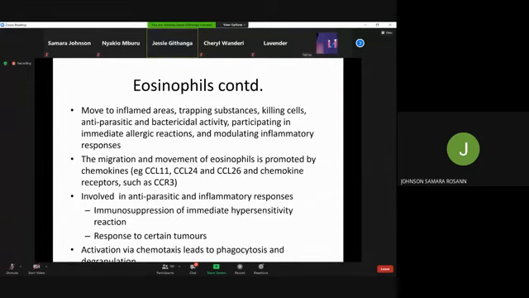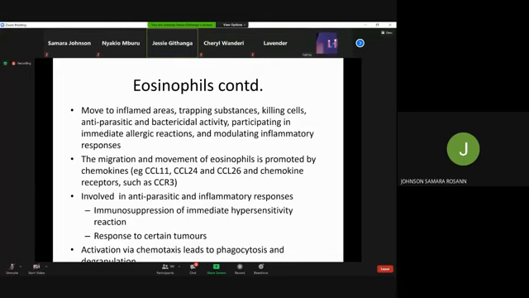So because of this, when we talk of eosinophilia, allergy, parasitic infection, etc., are causes of eosinophilia.